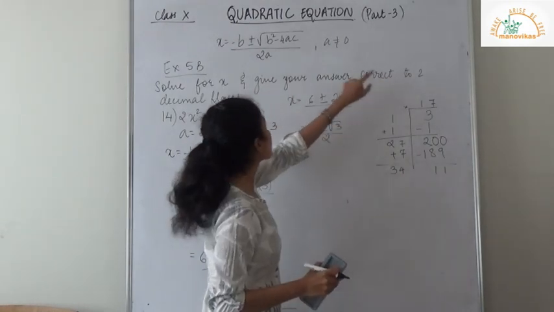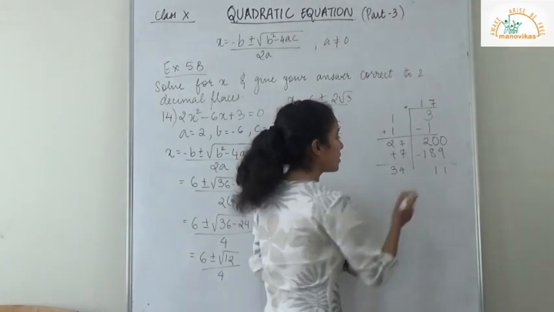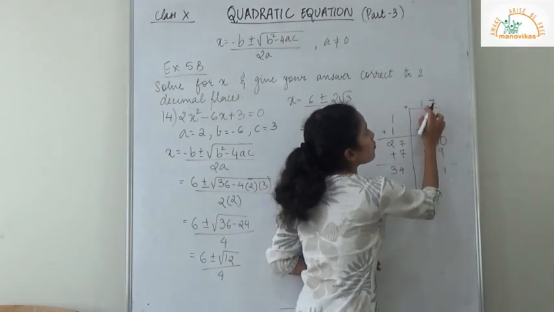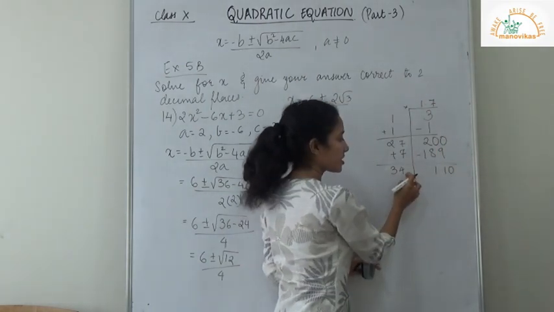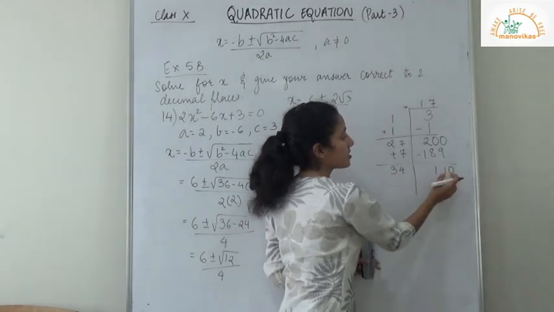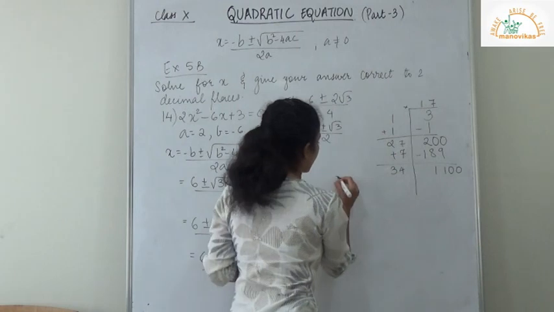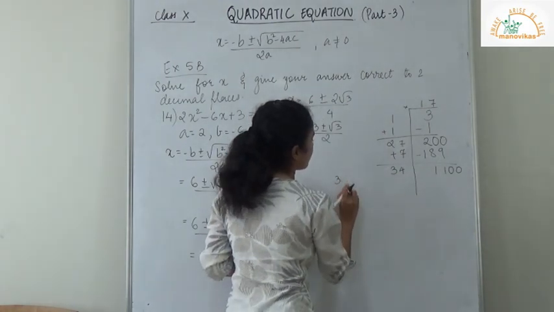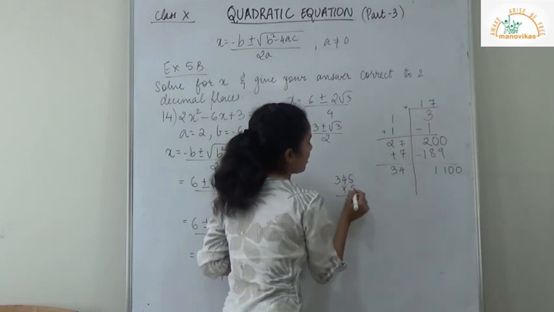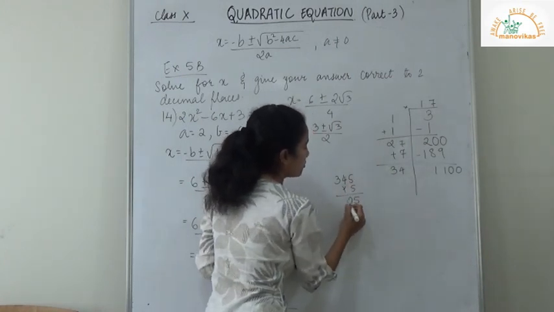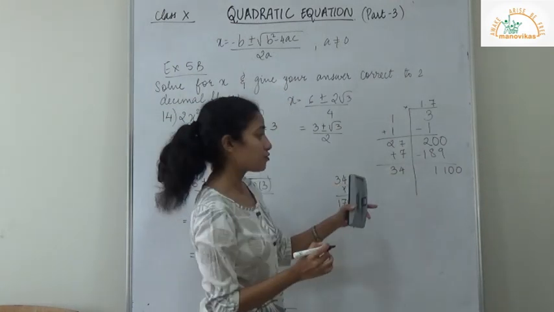When you have to find the decimal up to 2 places, usually you take another decimal here. No need to add a decimal, so it will be 0. Again the same thing, if I start with a number here, it will be greater than this number, so another 0. Again we'll try with 5. 5 4s are 20, carry 2, and this is 15 and 7, which is too big.